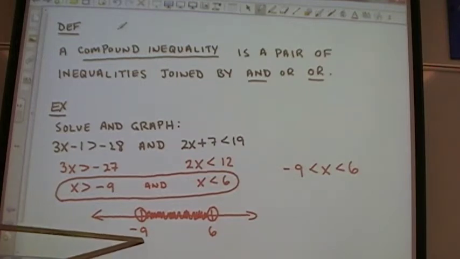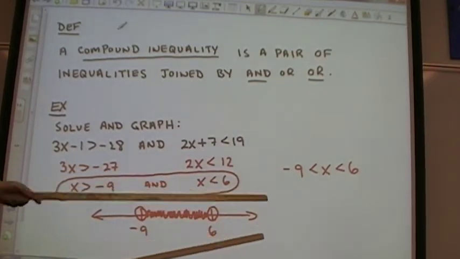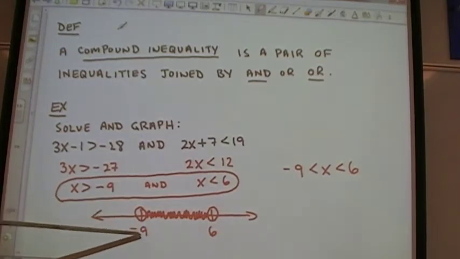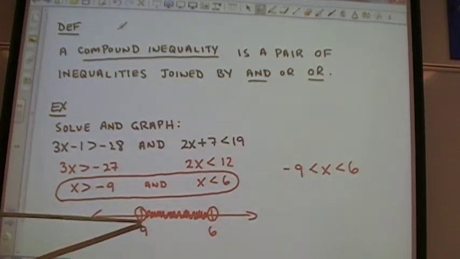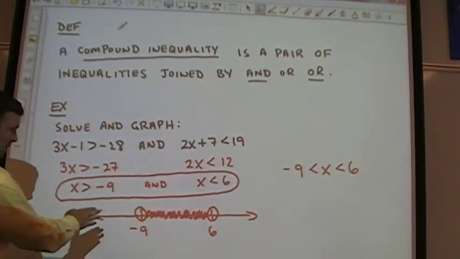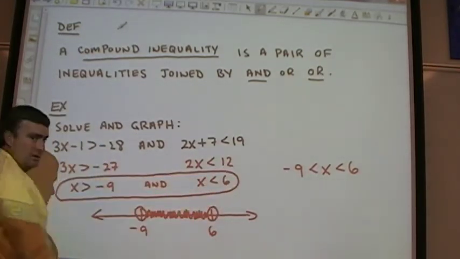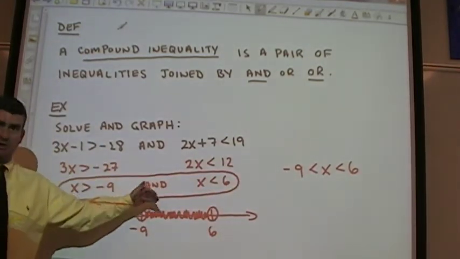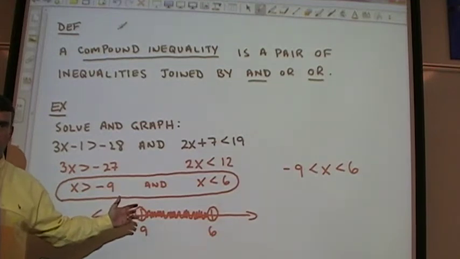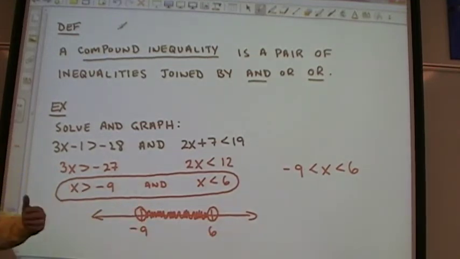So negative 9 has to go on this side, 6 has to go on that side. So you would put an open circle on negative 9, and you would shade to the right of that. And the word and means your solution set, your graphical solution set, must work for both inequalities. That's why it's an and.